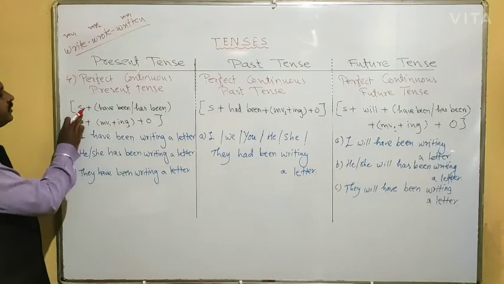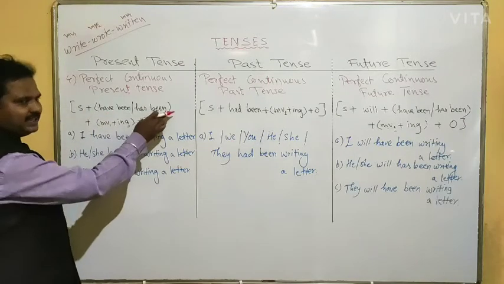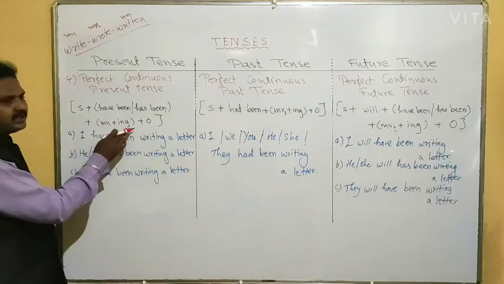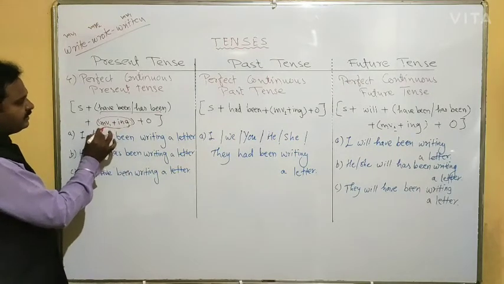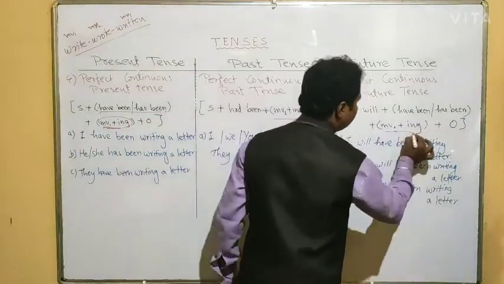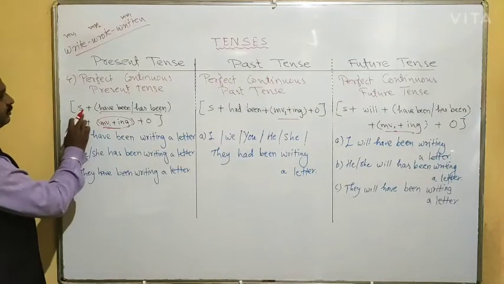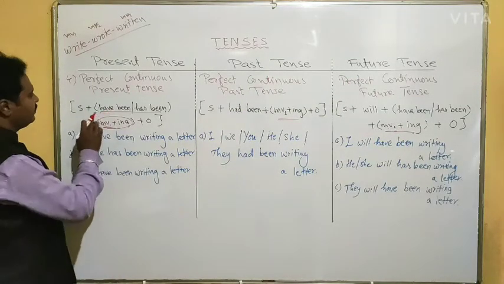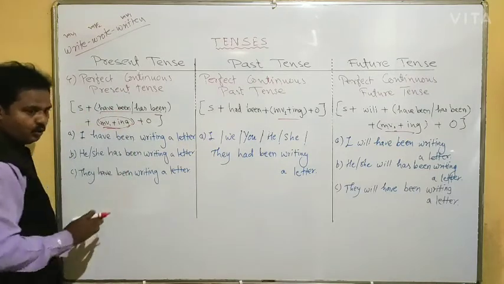The rule is subject plus have been or has been plus MV1 plus ing. Listen here, MV1 plus ing is here everywhere because continuous tense is there. Subject plus have been or has been plus MV1 plus O.